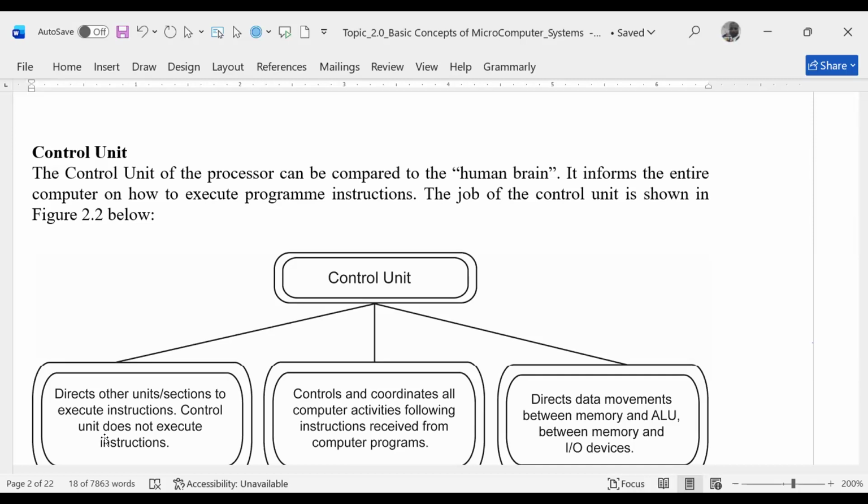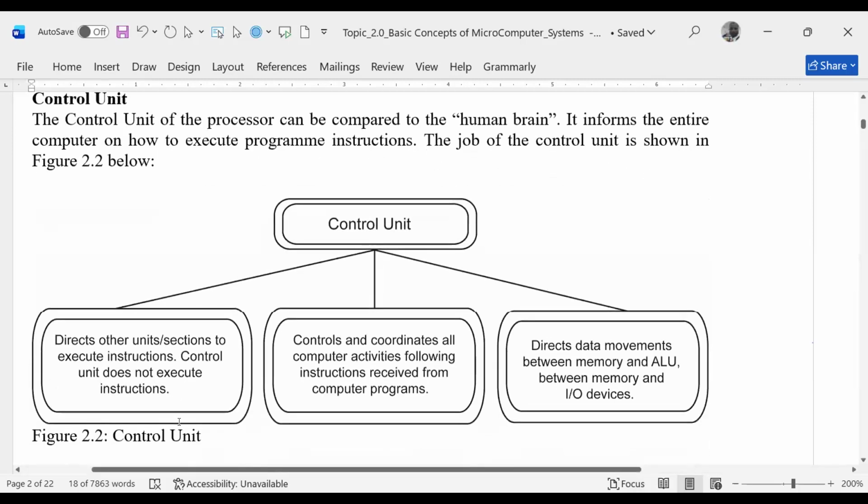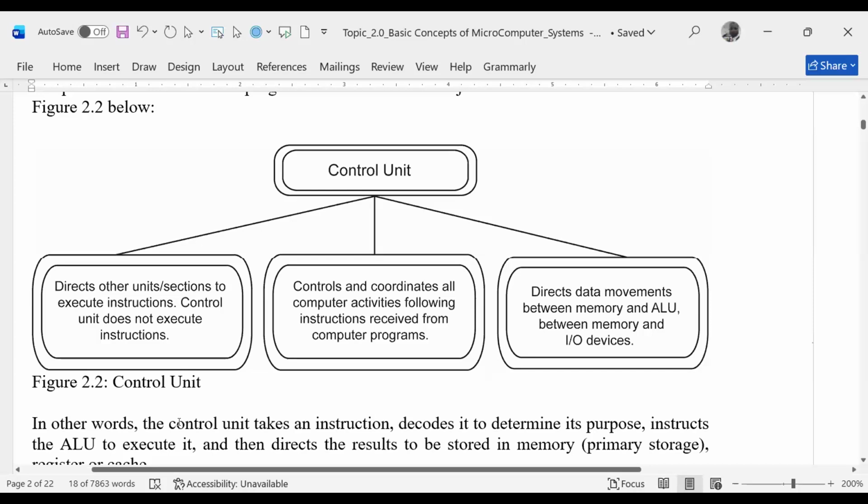If you want to print from a printer, it's the control unit that will instruct the printer to perform that job. And the job of the control unit is highlighted below. As you can see in the figure here, the job of the control unit is to direct all the units in the computer system to perform their job.